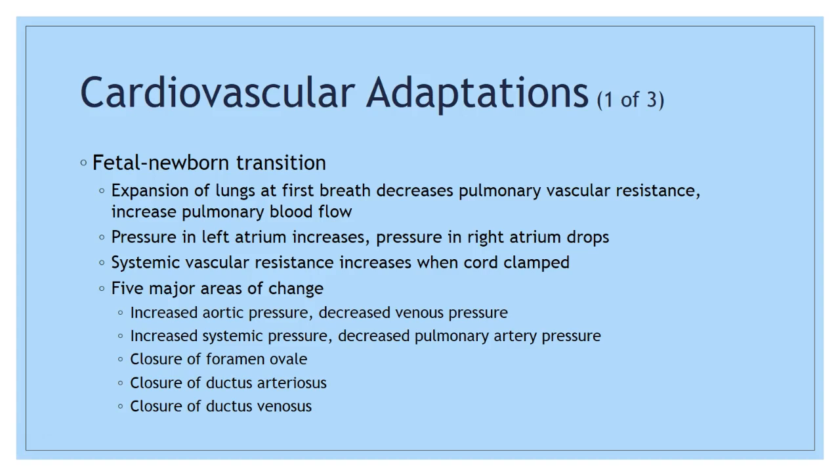The ductus venosus closes with cutting or clamping of the cord, and there's an anatomical closure in about 2 months. The neonatal non-pathological heart murmurs that you can assess as a nurse are caused by incomplete closure of the ductus arteriosus and the foramen ovale.